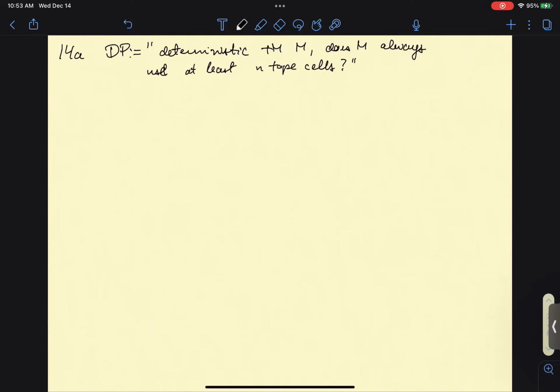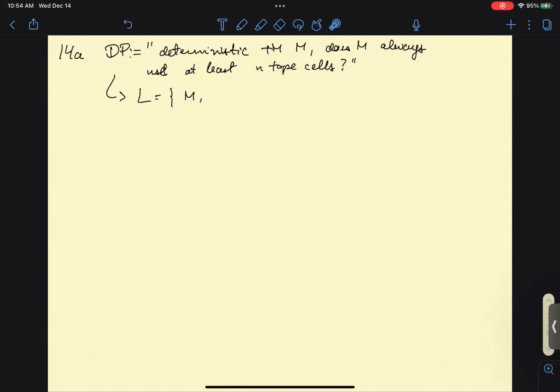Before I ask you, the first reflex you should have is to convert this into a language. Here the language is a bit different than the languages you're used to seeing, because you have a Turing machine M, but instead of a string, you have an integer n.